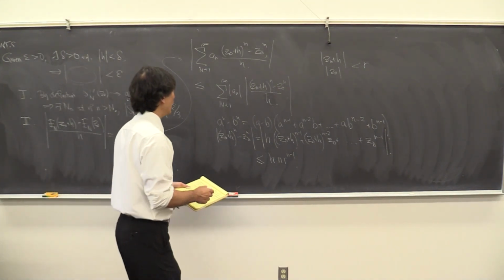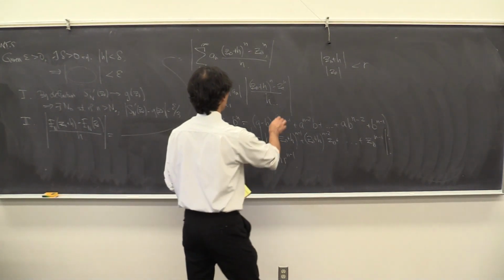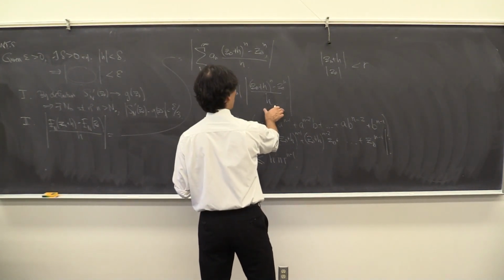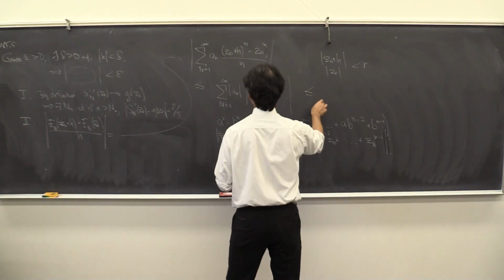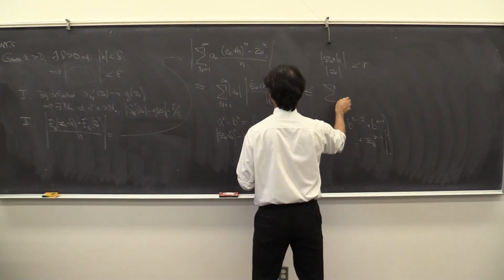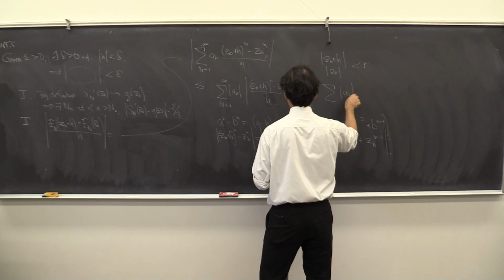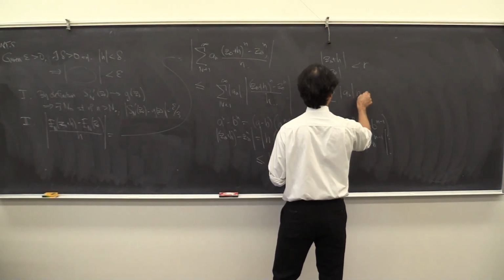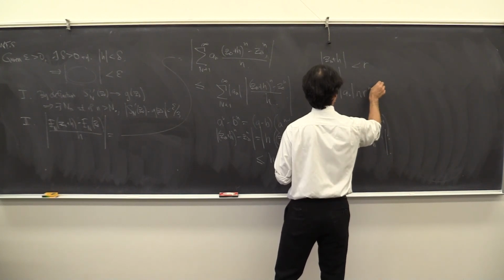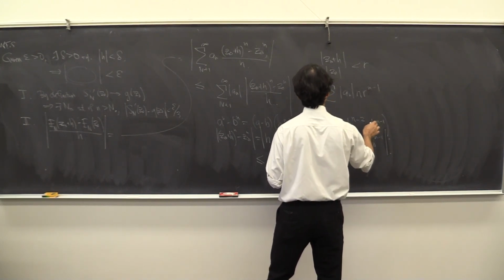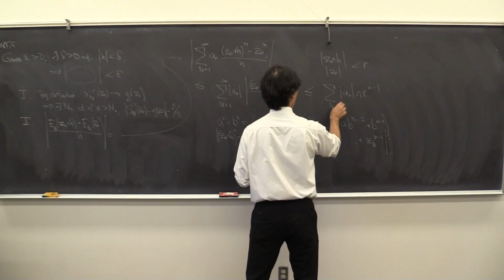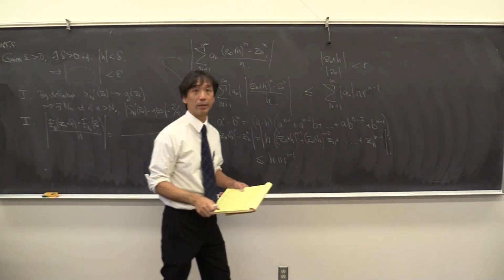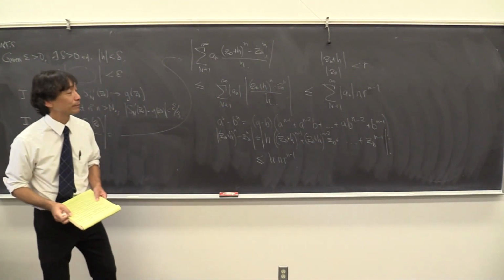Right, and so what do we get? We get that this thing is controlled by the summation of this divided by h, we get n r to the n minus 1, from n plus 1 to infinity.